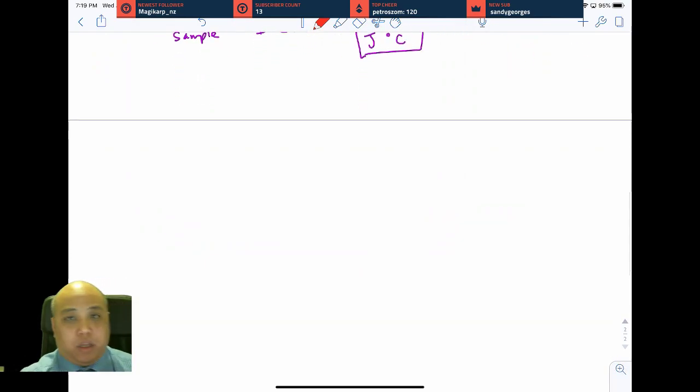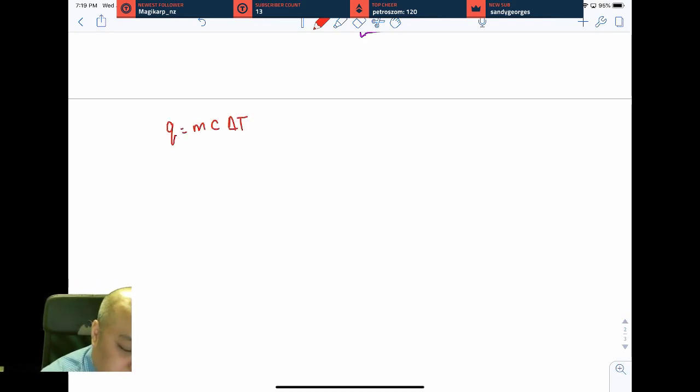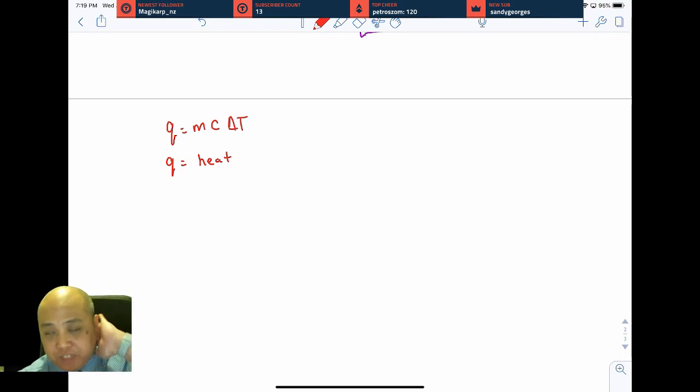Now, this is where we get started with one of the equations provided in your data booklet. And that is Q is equal to mcΔT. Okay, and so to break down these letters, Q is heat. It's the heat of that individual reaction, that specific reaction that you're doing, not a general per molar heat, which we'll talk about later, like delta H is.